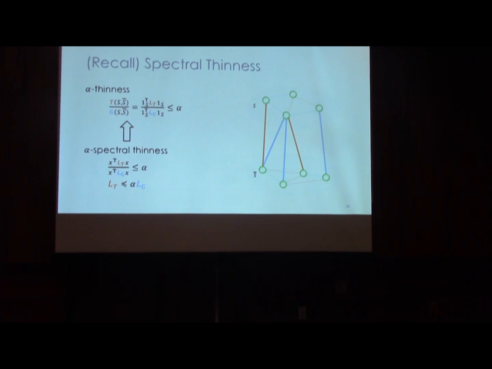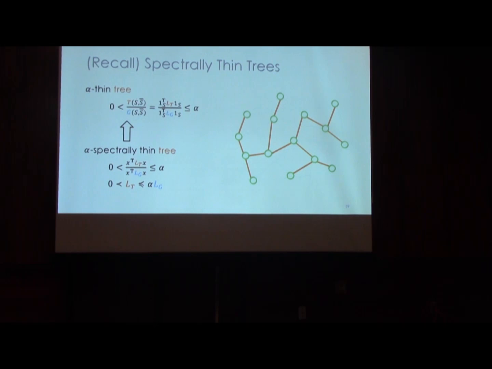And spectral thinness implies thinness. Whenever you're talking about thin trees or spectrally thin trees, what you want is the subset that is selected to just have an edge in every cut. So here you just want to have an edge in every cut, and here you want the Laplacian to be positive definite on the space orthogonal to the all-ones vector.